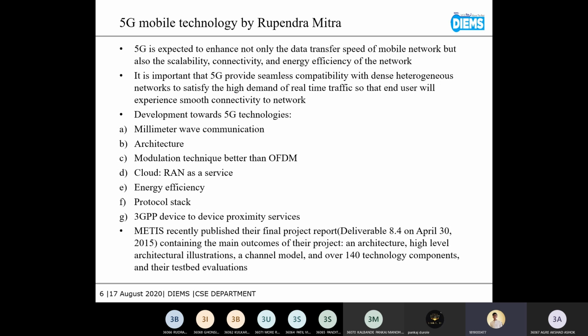And third will be energy efficiency. Next is the protocol stack. A protocol stack is basically the network stack, an implementation of a computer network protocol suite or protocol family. And 3GPP device-to-device proximity services. 3GPP devices means 1G, 2G, 3G, and 4G devices will have proximity services.